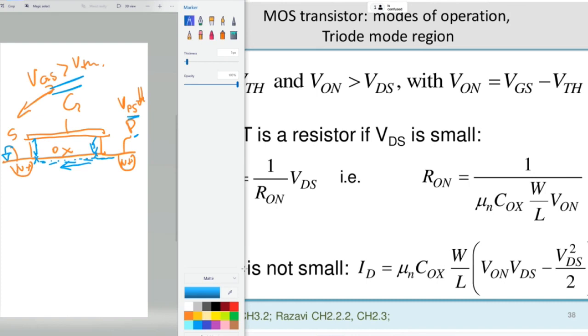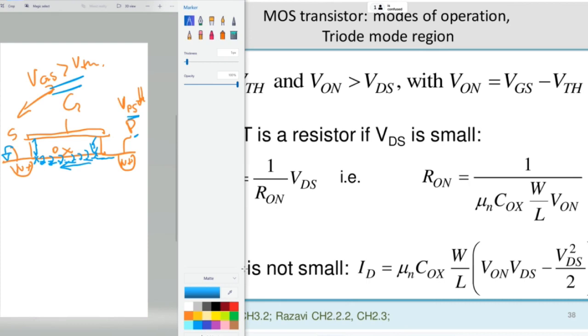If these potentials are approximately equal, then the density of electrons in the channel will be almost the same. This means that I can consider this channel as a resistor with certain conductivity, certain resistance. And the transistor will conduct current like a resistor.